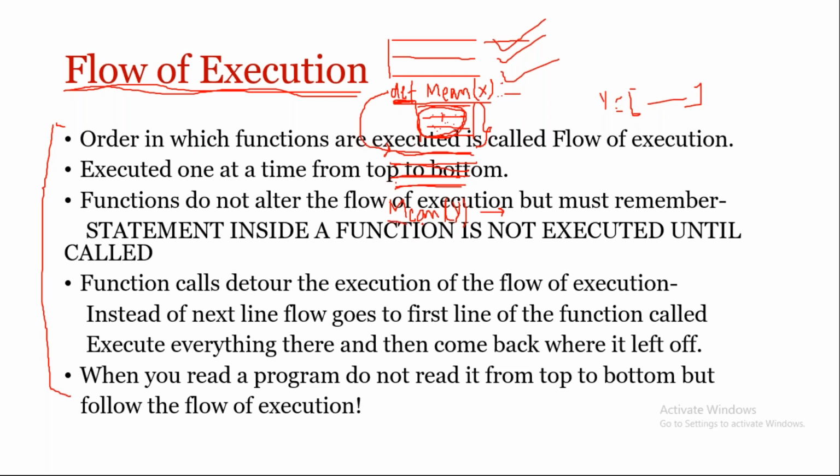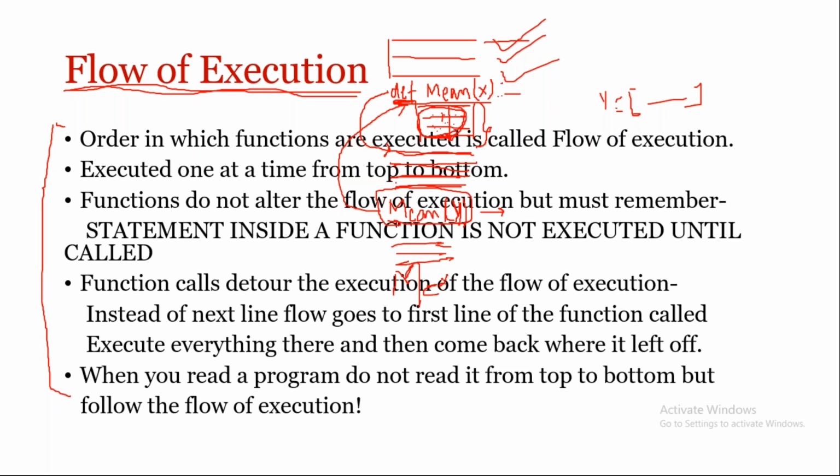Now when you call this function, Python will go back to your function, and then it will substitute y for x here, and then it will execute everything inside the function, right? So you understand how execution happens. Again, suppose after mean you have written one line, another line, another line, and then you call your function again.